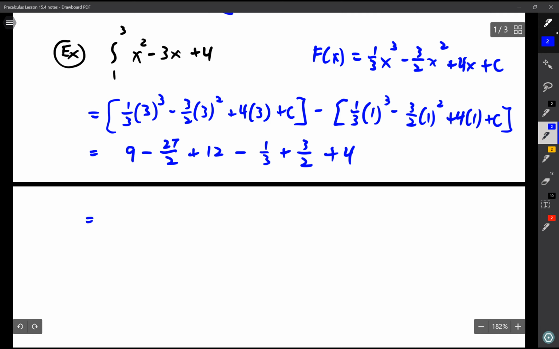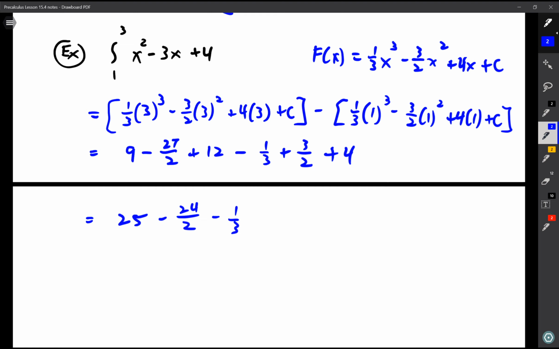And if I combine my halves and thirds and numbers, so 9 plus 12 is 21, plus 4, we have 25, and then in terms of halves, minus 27/2 plus 3/2 is minus 24 halves, that's minus 12. Minus 1/3.